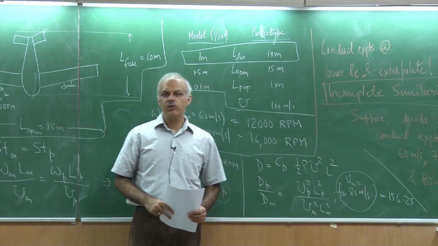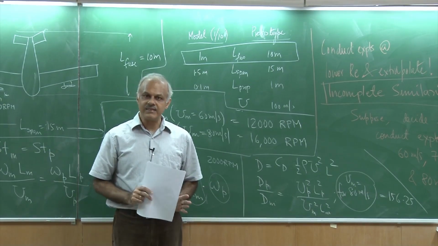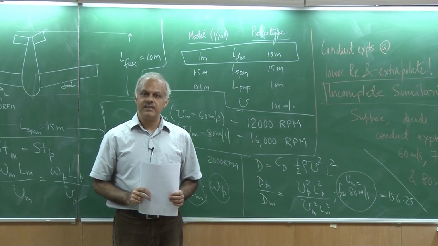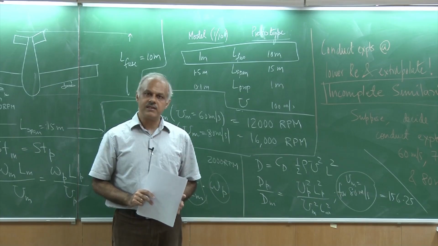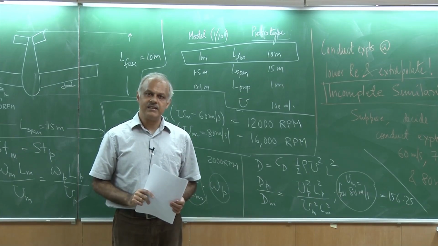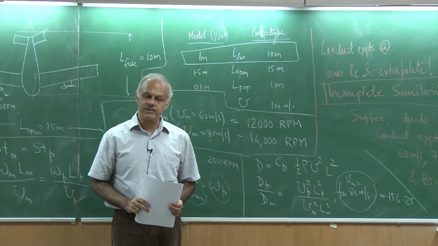Okay, so I hope you have got a fair idea of what similitude and modeling is about. Just to summarize the whole story in a couple of sentences, similitude involves similarity. First we have to ensure geometric similarity, and then to get dynamic similarity we must match all the relevant pi's, or the non-dimensional numbers, the independent ones.